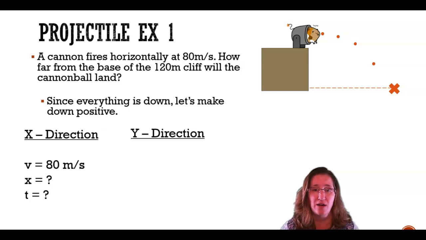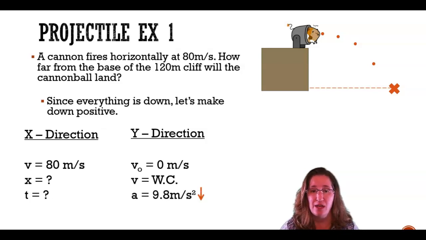So in the y direction, it doesn't look like they told us a whole lot, but because, again, they said it's horizontally, I can say in the y direction, there's 0 velocity because it wasn't fired up or down. Straight horizontal means it didn't have a y component when it was initially fired. Okay, they didn't ask us about the final velocity, so that's my who cares, and I have the acceleration due to gravity.